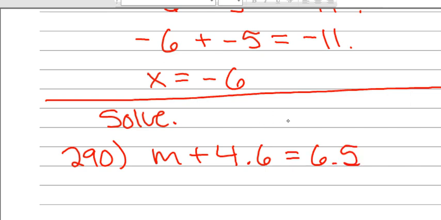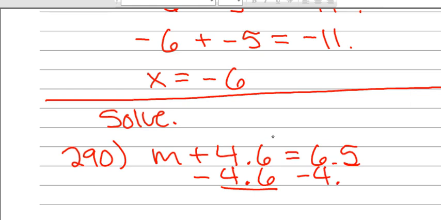I want to find out what m is when I add m to 4.6, I get 6.5. So I've got to get rid of that plus, whoops, I'm sorry. I got to get rid of that 4.6. What do I need to do to both sides to get rid of the 4.6? I do the opposite.